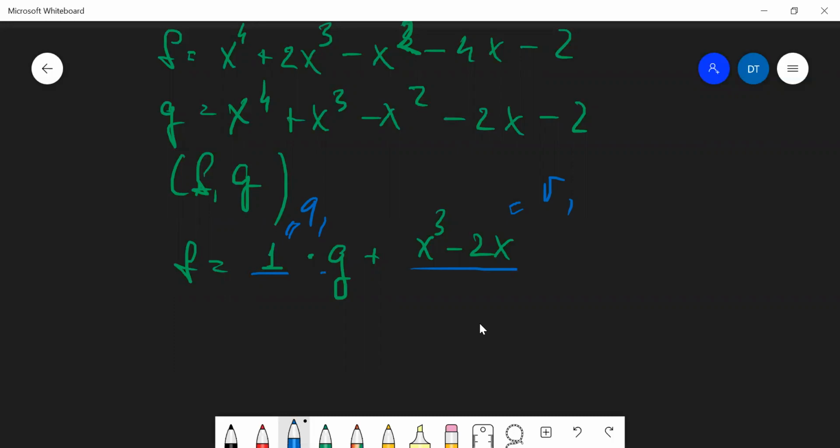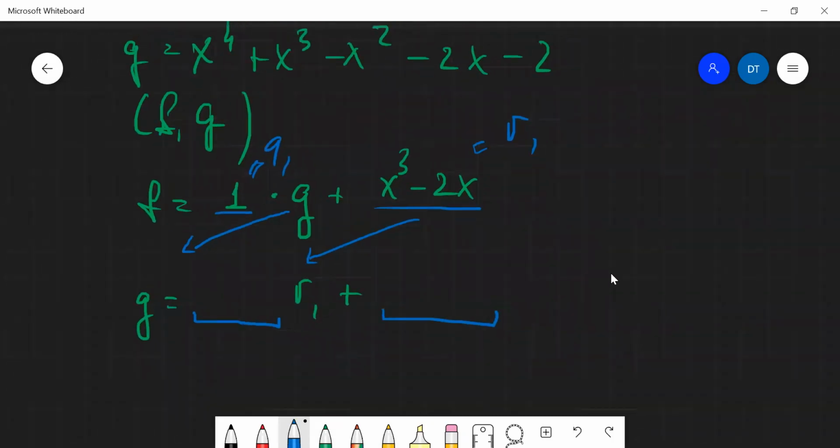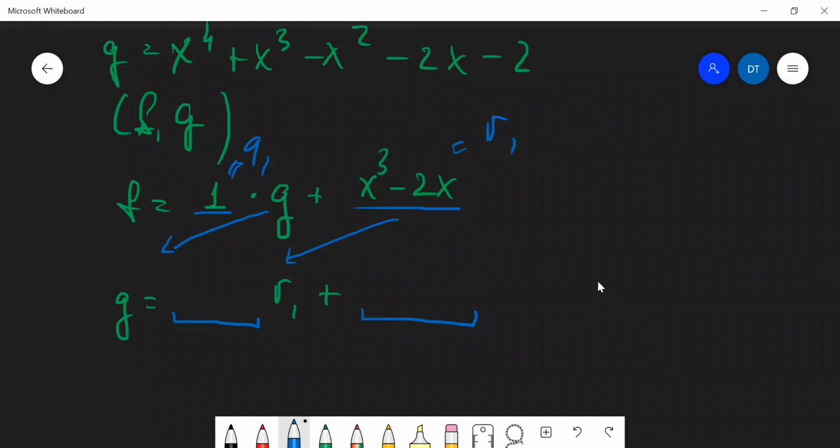Now you want to shift g here and r1 here, so you want to divide g by r1 with remainder. Let's compute what will be here. x plus 1. Okay. And the remainder is x squared minus 2.